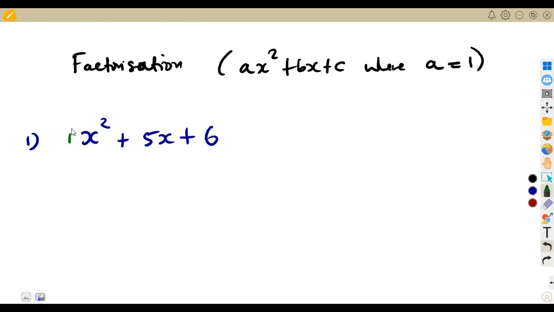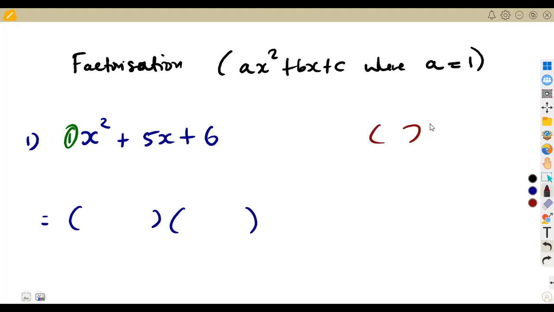So consider that I'm having a 1 here, and I'm supposed to have two brackets. What you have to ask yourself is: what am I going to do so that I have x squared at the end? Remember from your expansion of brackets, I want you to keep that in mind.